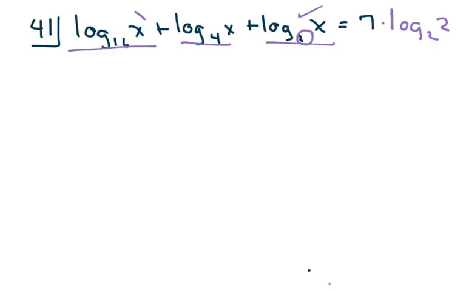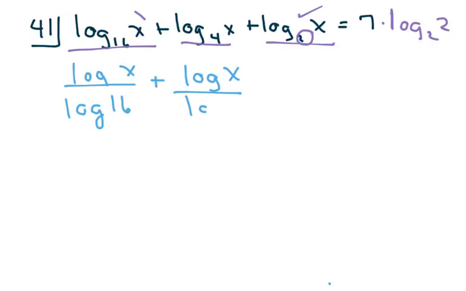So this original here is going to be log of x over log of 16, sorry, plus log of x over log of 4. I'm going to keep this one the same: log base 2 of x equals 7 times log base 2 of 2.